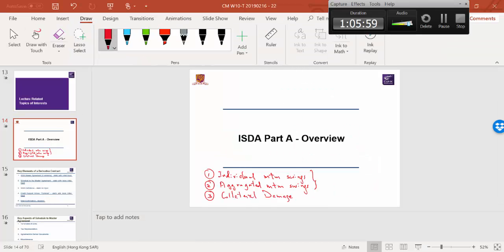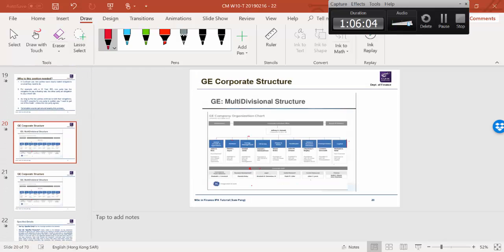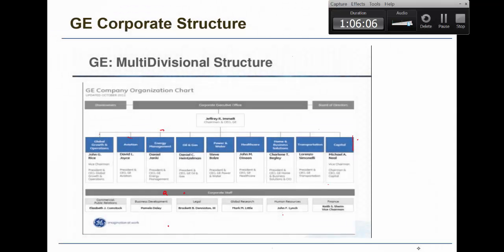Let me go back to this organization chart here. And now you imagine if you are JP Morgan, and typically you will negotiate your ISDA with GE Capital because they are the consolidated financial management unit.